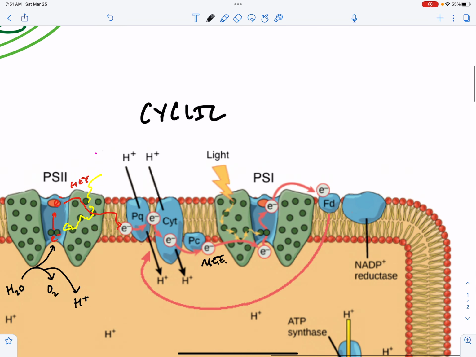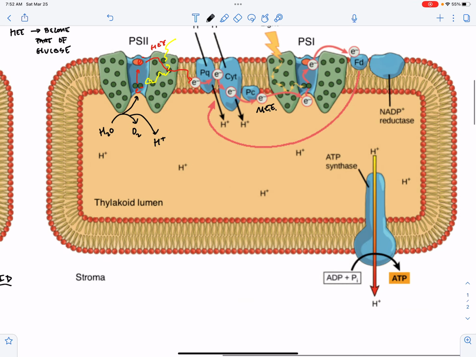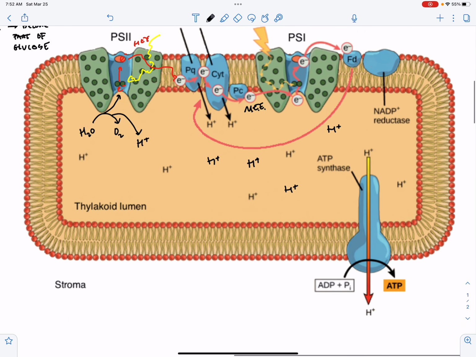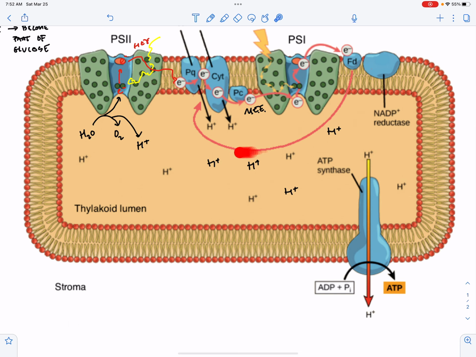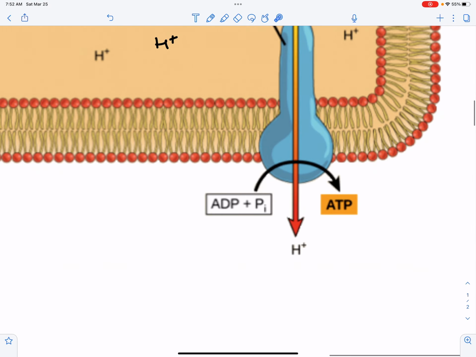Well, when we perform cyclic photophosphorylation, no NADPH is made. However, we create a wicked H+ gradient inside of the lumen because we are continuing to use this electron to pump hydrogen into this space. And as a result, we can make tons of ATP.